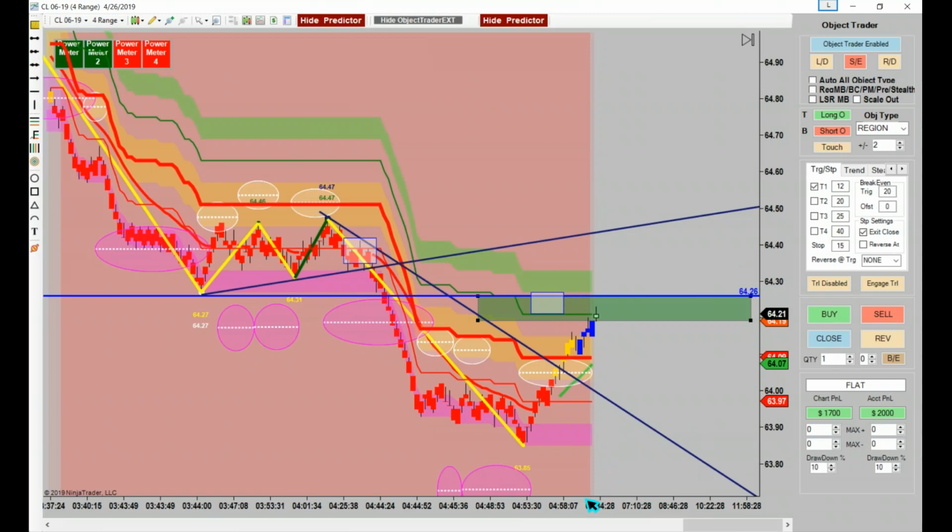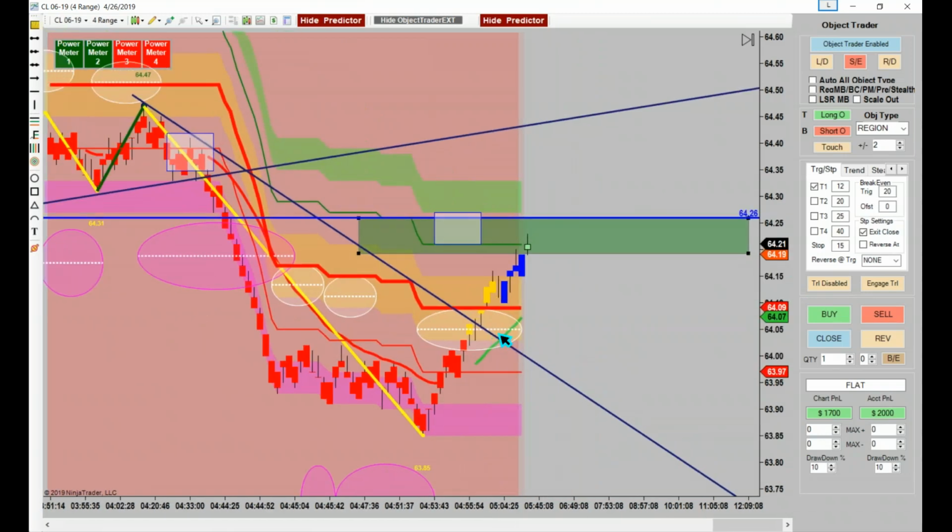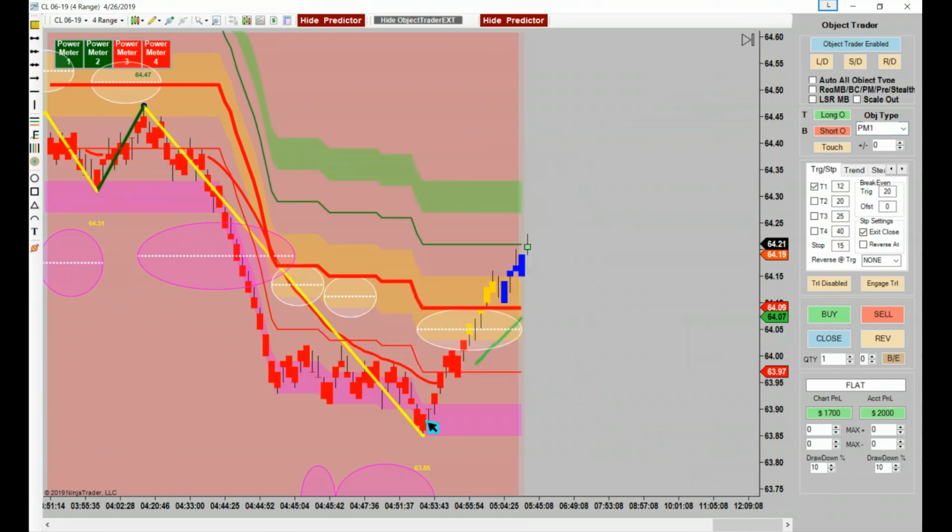Okay? Now, if you want to use the tools and do it a little bit more conservatively, then use your trend lines and things. For instance, you've got a trend line on this chart already right now. See it? It's pretty much straight up.